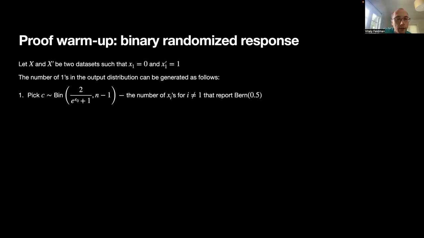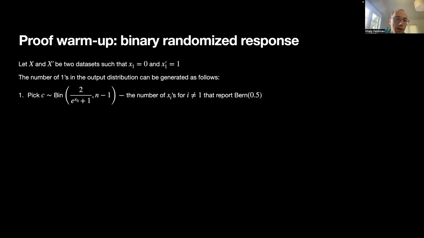So the way we'll analyze it: we know that according to the definition of this binary randomized response, each of the elements with probability 2 over e to the epsilon plus 1 will output a random coin flip.